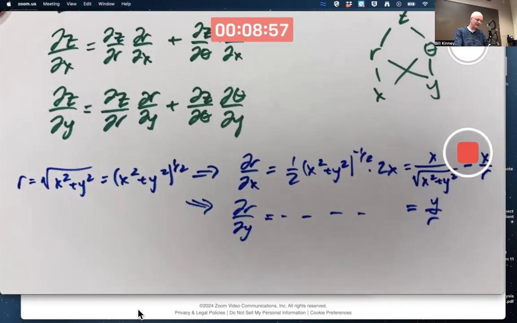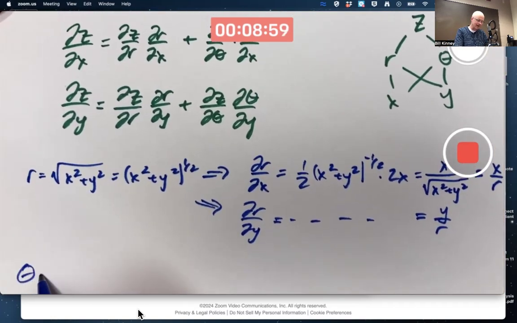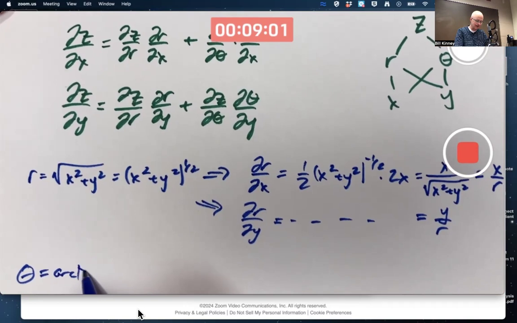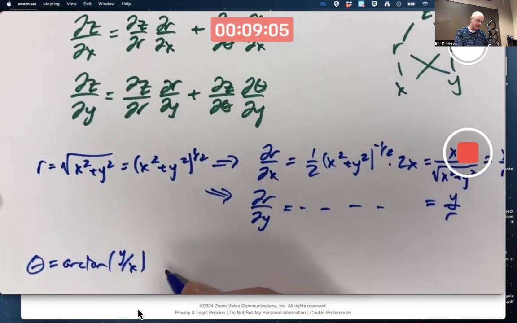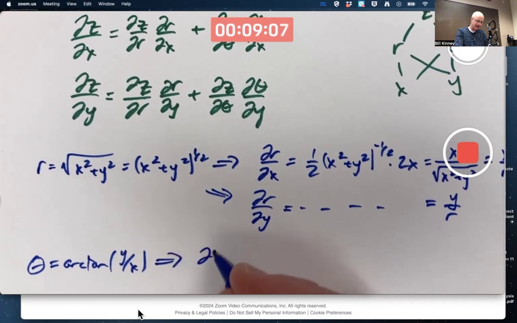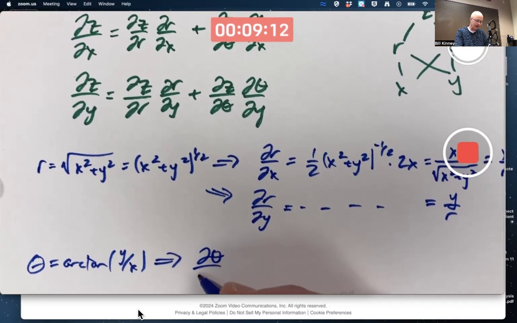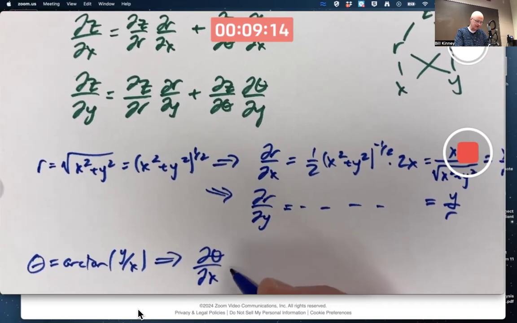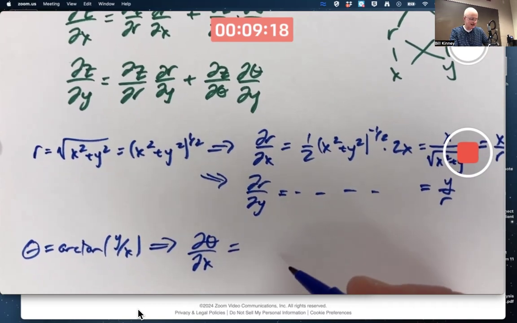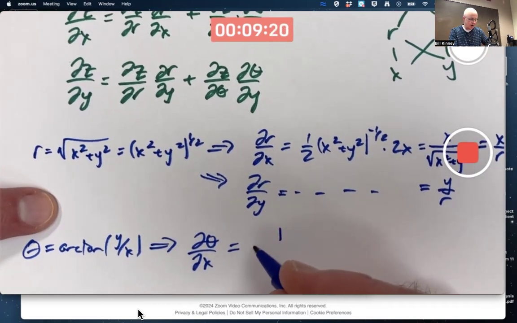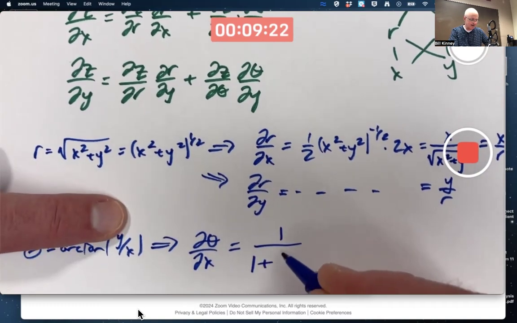How about the partial of theta with respect to x and y? Oh, I got to take the derivative of arctangent, I guess. Derivative with respect to y looks a little easier. Well, let's do it with respect to x first. I need the chain rule. Derivative of arctangent is 1 over 1 plus whatever's inside there squared.